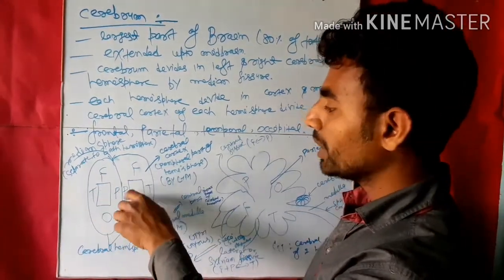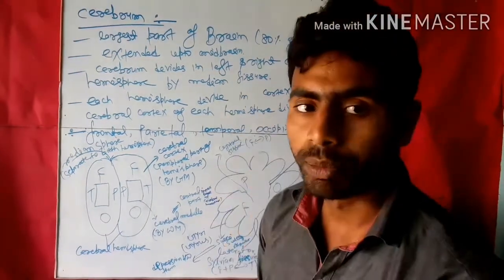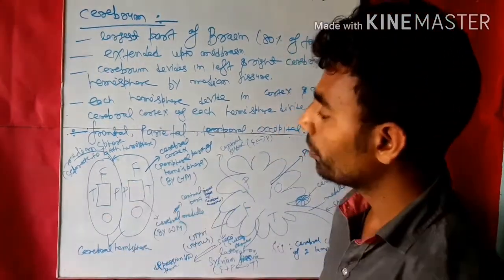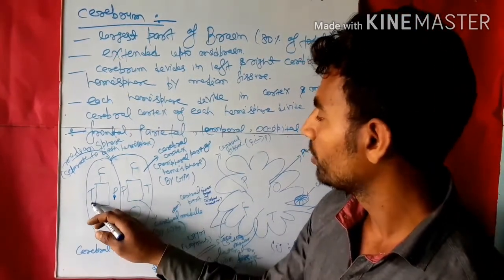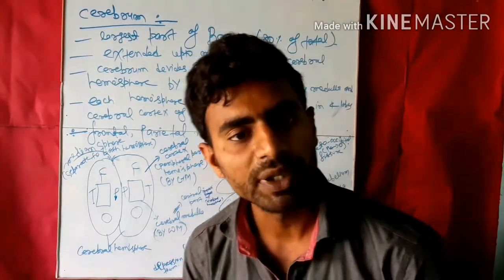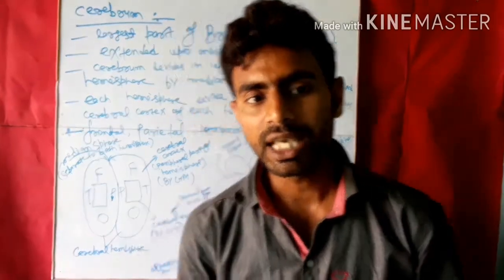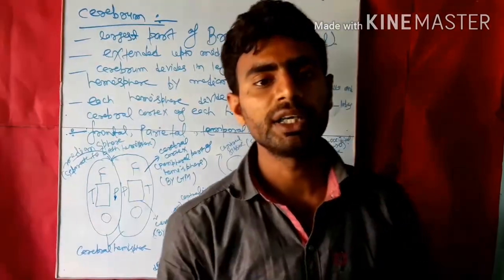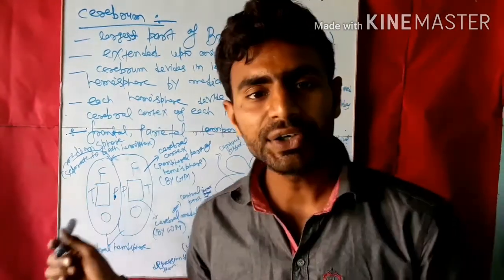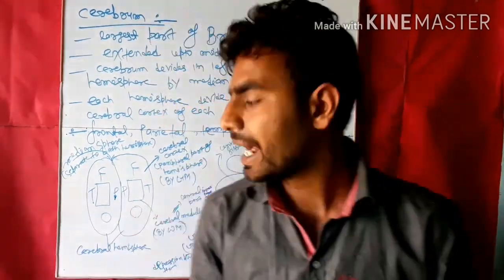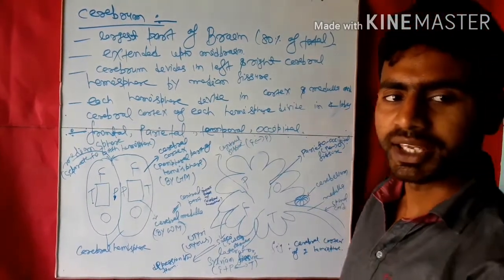The cerebral cortex of each hemisphere is divided into four lobes: frontal, parietal, temporal, and occipital lobes.